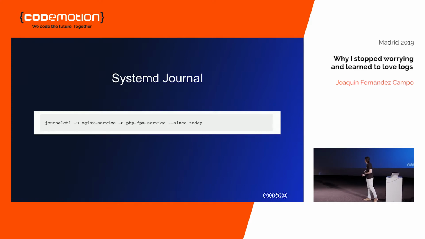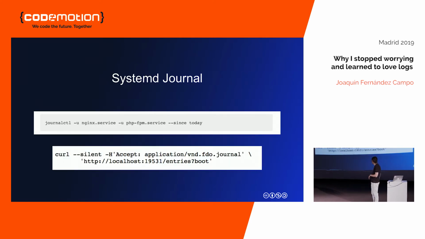So we can see here, we want all the logs that belong to Nginx and PHP since today. This is very easy for any developer, any person, to read, compared to running greps or using AWK or something like that.